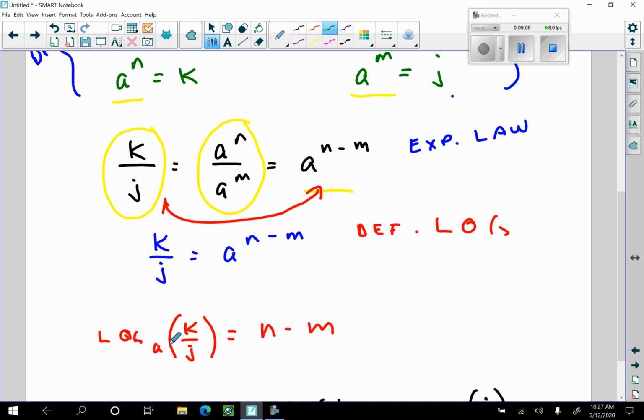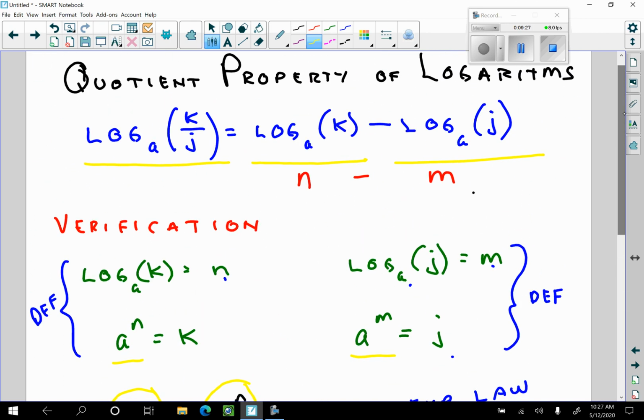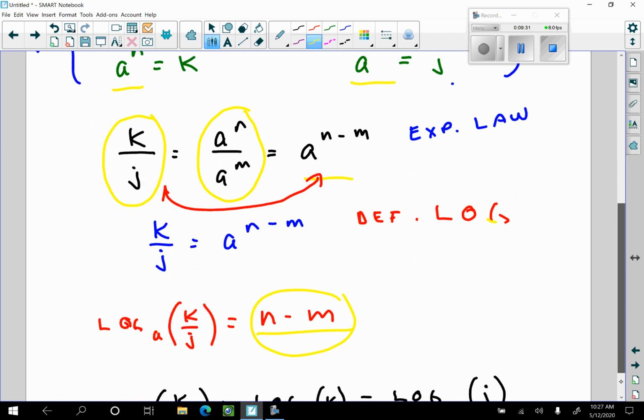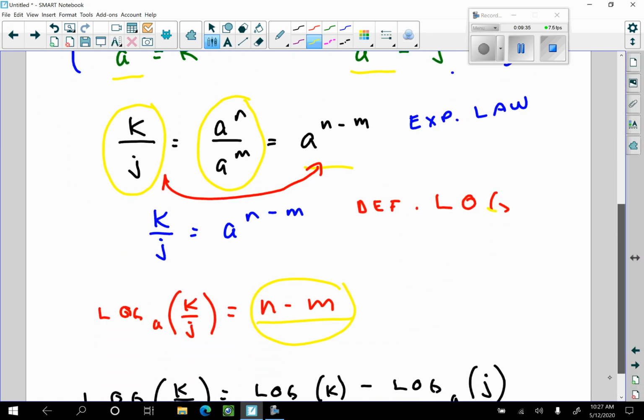Log base a of k over j is equal to the exponent, n minus m, by the definition of logarithms. Oh, well, what's n? n is log base a of k and m is log base a of j. Guess what I have, ladies and gentlemen?